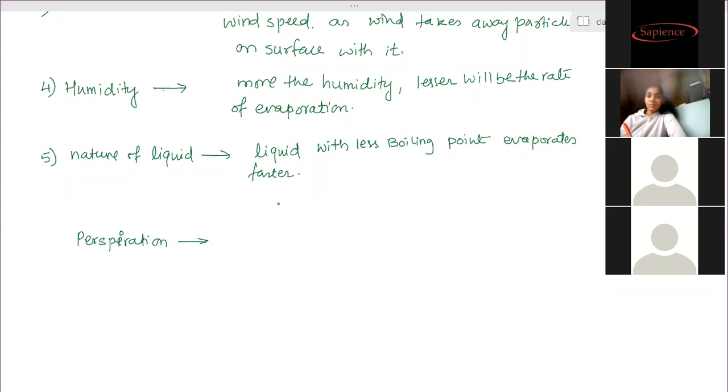Now ask the question. Ma'am, but if it takes latent heat, then why do we feel cool? We should feel nothing. Particles have that energy, no? So heat energy is present in them. Only it is not seen on the temperature scale because temperature shows the kinetic energy.